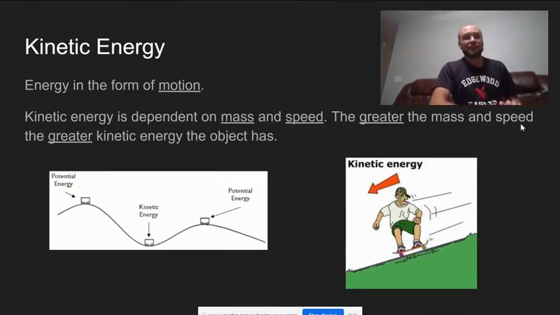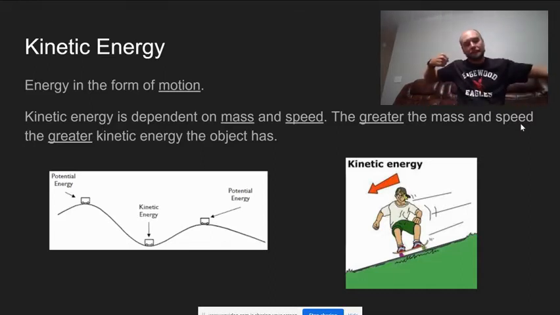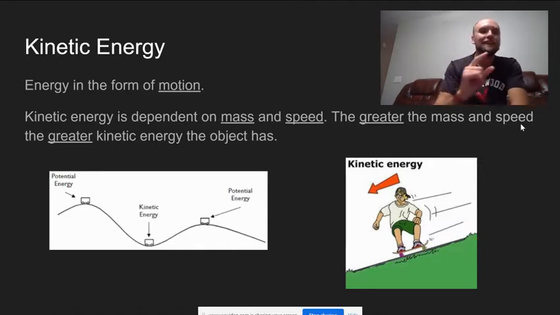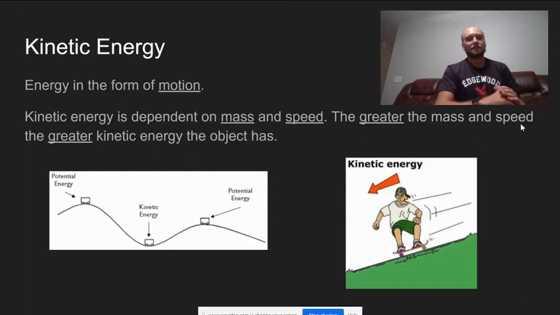So potential energy is energy that's stored. Kinetic energy is energy in the form of motion. So anything that's moving, whether it's really big or really small that we can't even see it, if it's moving or, as we would say, being used, it is kinetic energy. So in the last example, I talked about our roller coaster right here.